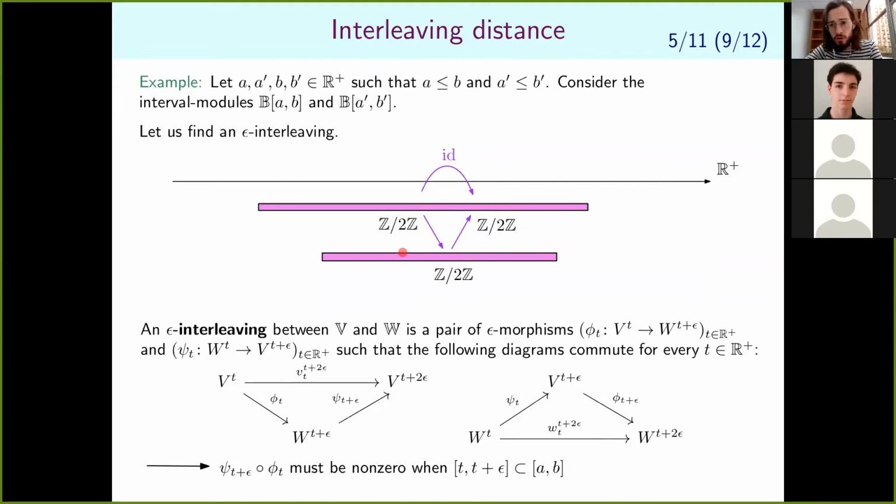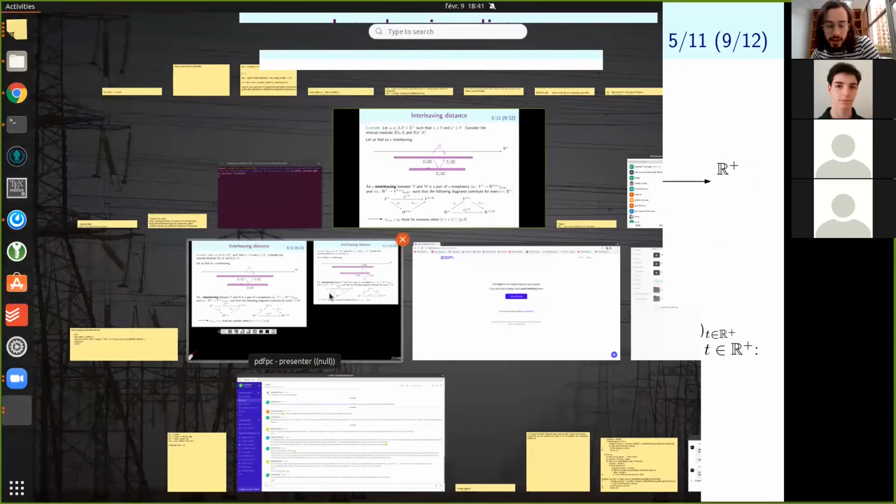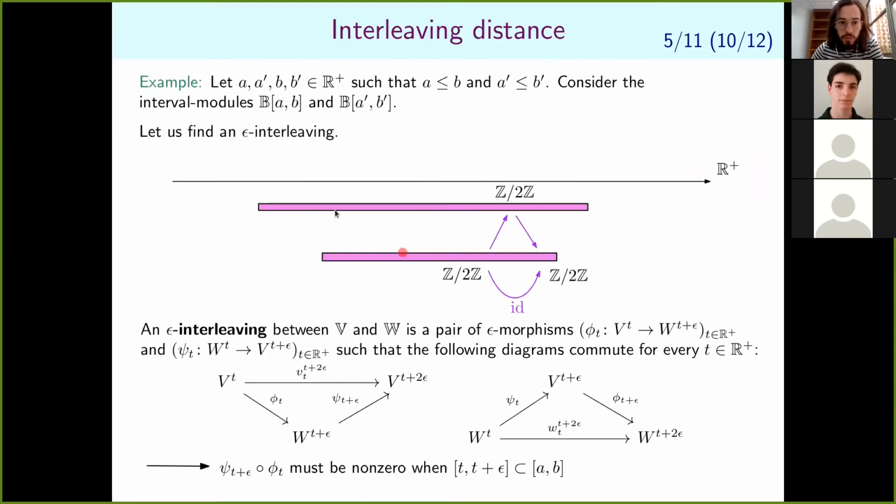If I want the composition to be the identity, they must both be the identity. So I deduce from the definition of epsilon interleaving that here I must have the identity and here the identity. And this is also the case in the other direction.